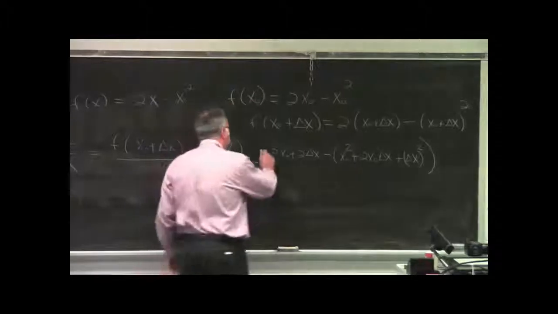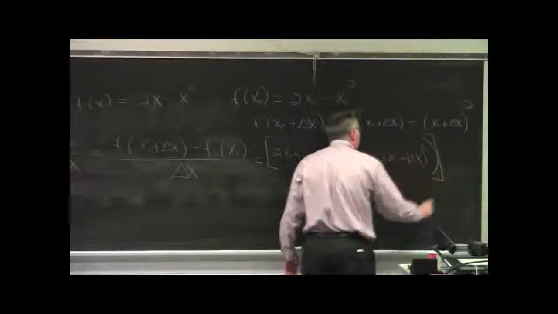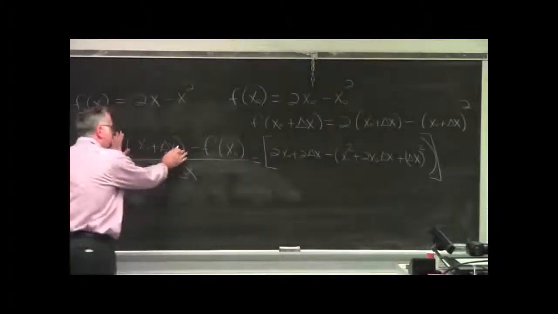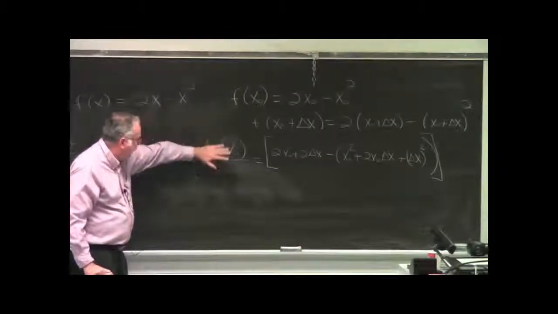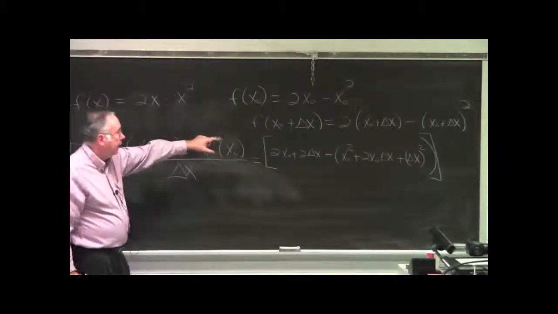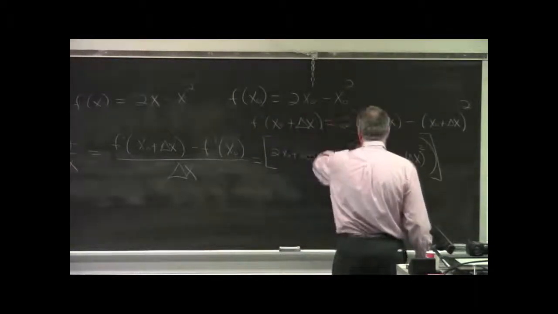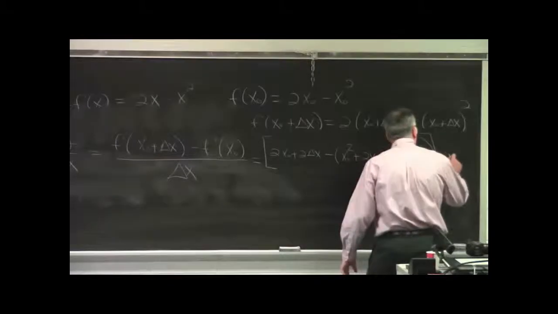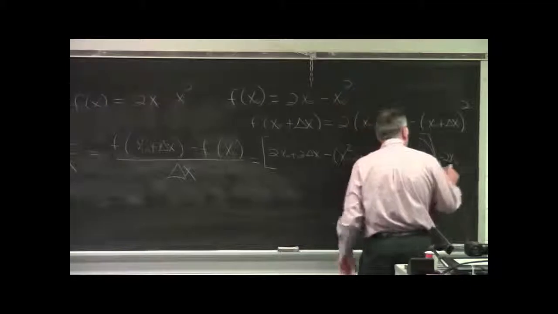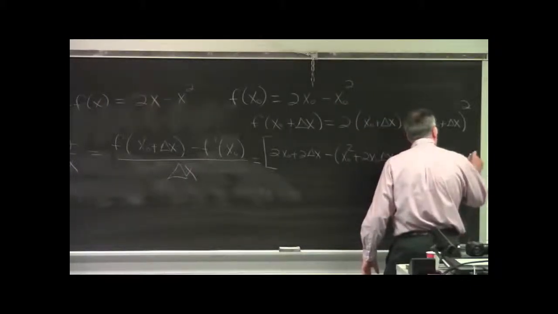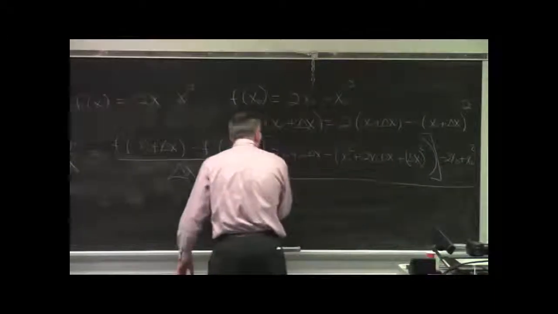So we're going to multiply this by minus 1 and add it, so it'll be minus 2x0 plus x sub 0 squared, because we're subtracting, all over delta x.